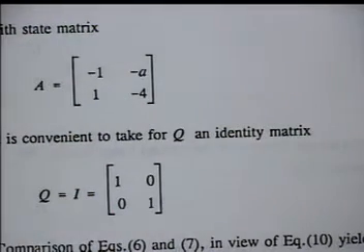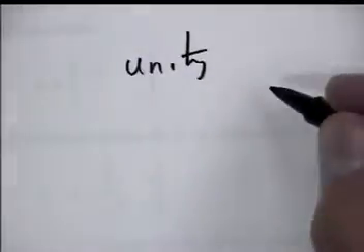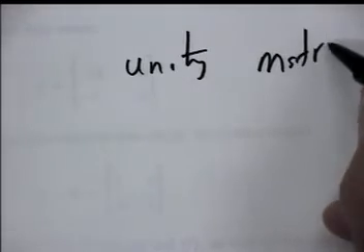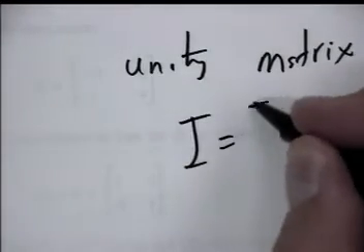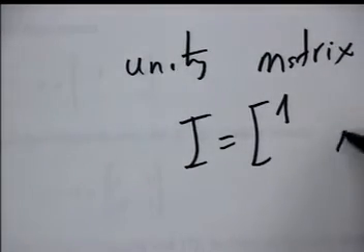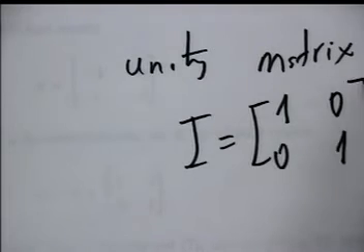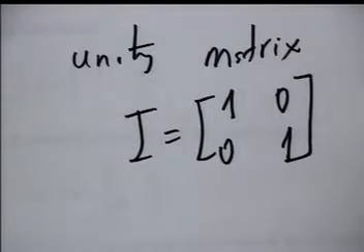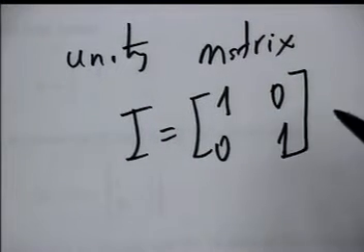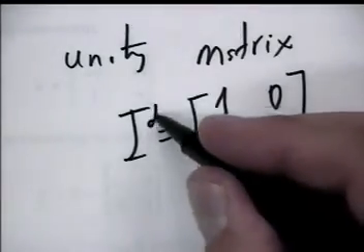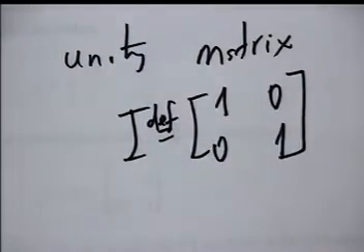So that is this unity matrix, I equals 1, 1, 0, 0. Okay, that is the definition of the unity matrix.